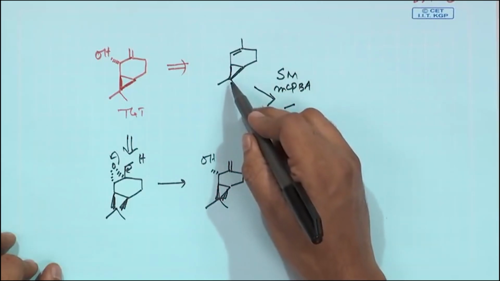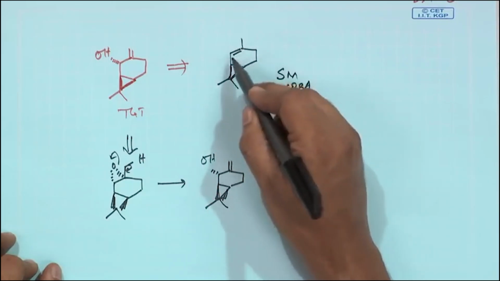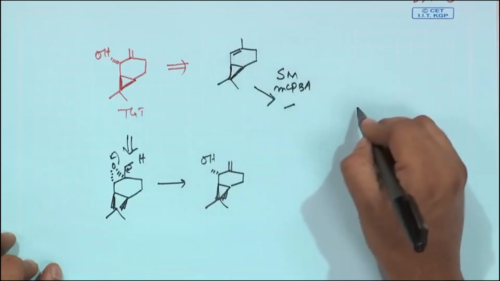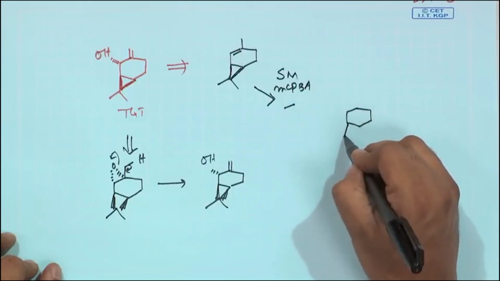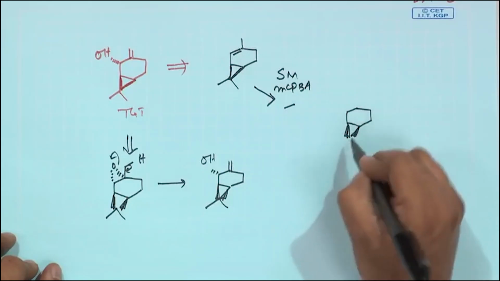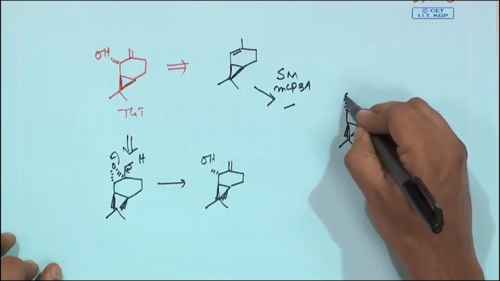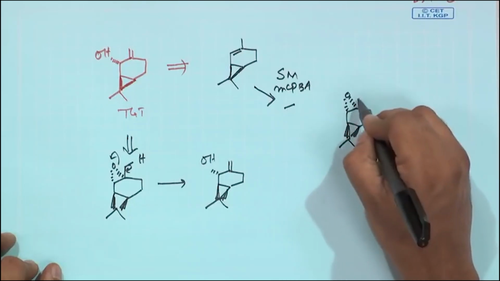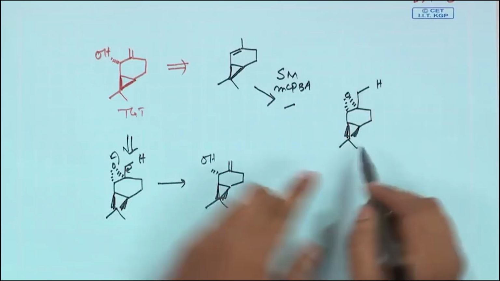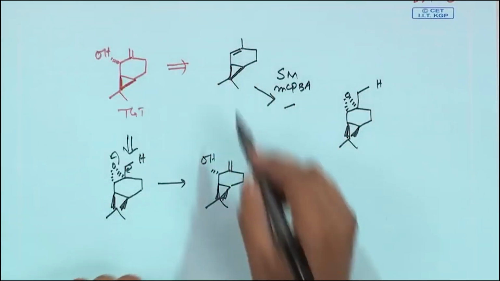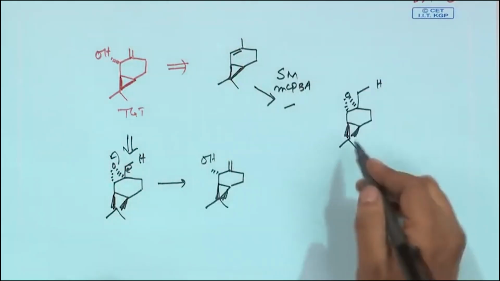Now, this cyclopropyl group blocks the above face of the olefin, so a sterically directed epoxidation will take place and will give you the beta epoxide as the major product. The top face of the olefin is blocked by this cyclopropyl group as it occupies the above plane.